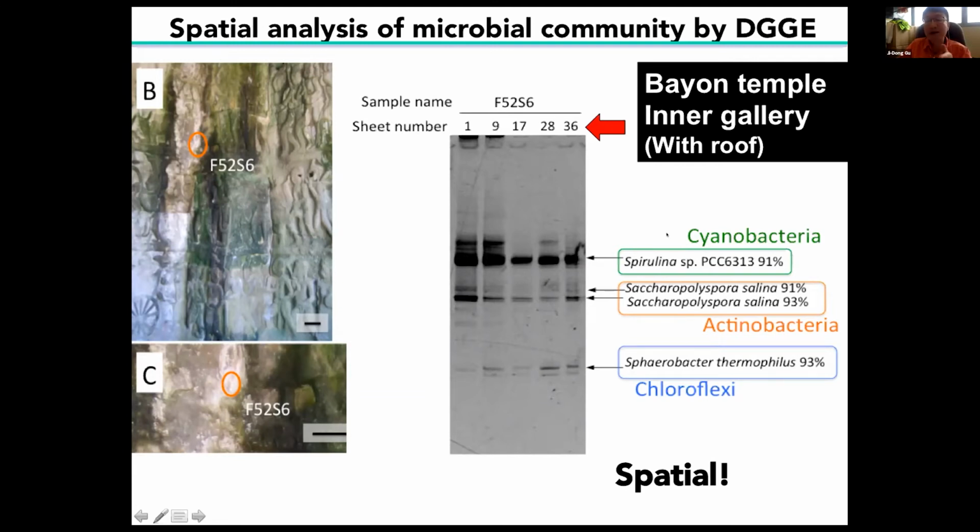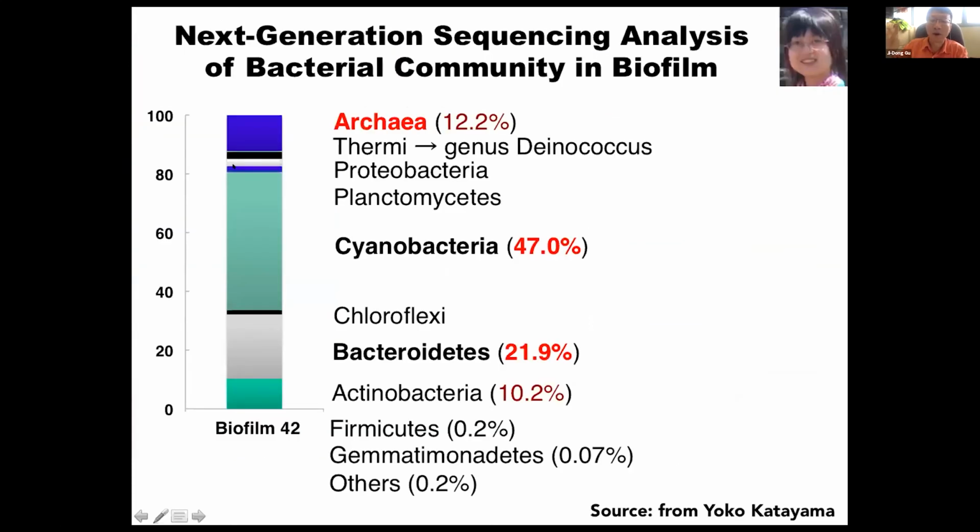When we get deeper, their numbers get lower. But the facultative microorganisms, which do not like oxygen, become higher and higher in the lower layer. So we are able to get the spatial information of the microorganism distribution in this particular site and on the sandstone. This is one of the techniques.